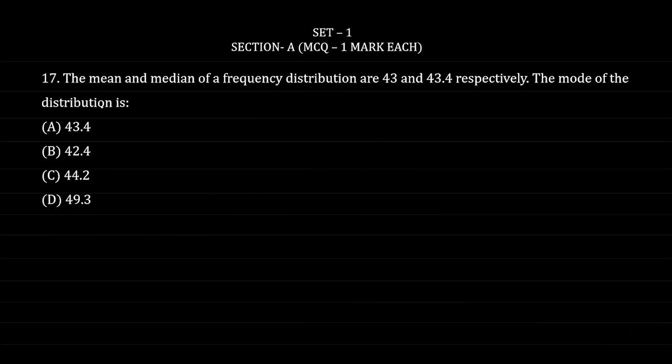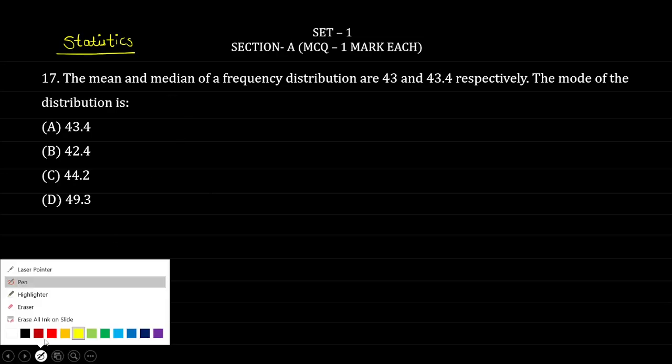Question number 17. The mean and median of a frequency distribution are 43 and 43.4 respectively. The mode of the distribution is. This question is basically from the chapter statistics, and it is based on the relationship that exists between mean, median and mode.